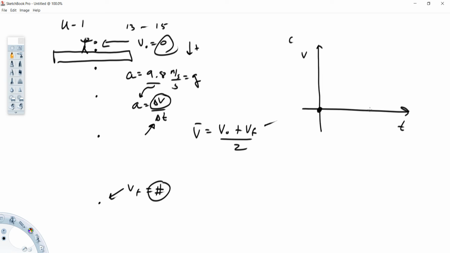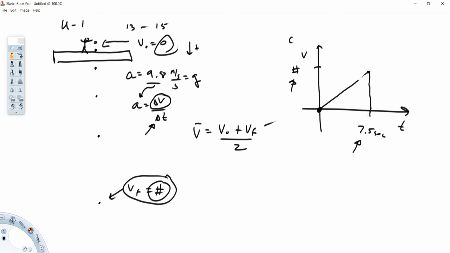And then some time later, which in my problem is 7.5 seconds, your number could be different, you're going to have a final velocity, which you calculated earlier. On the graph, that might be up here somewhere. And we're going to make that constant acceleration assumption.